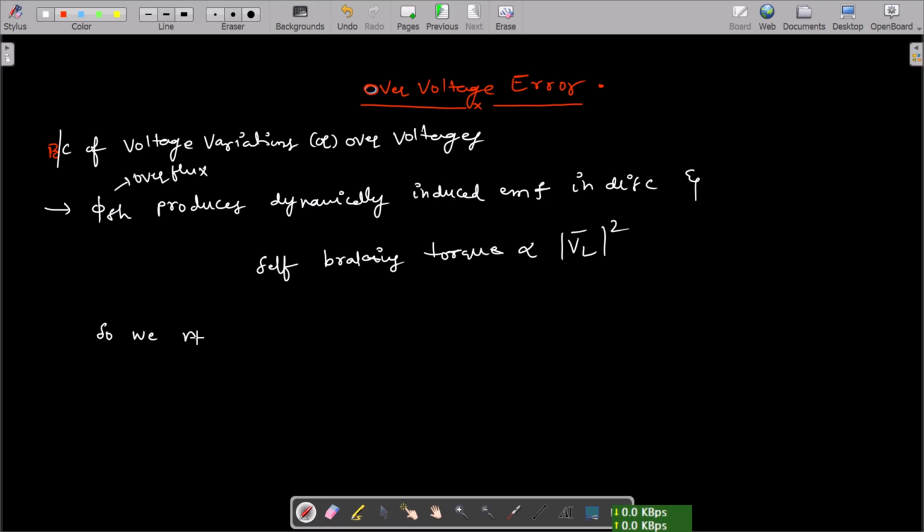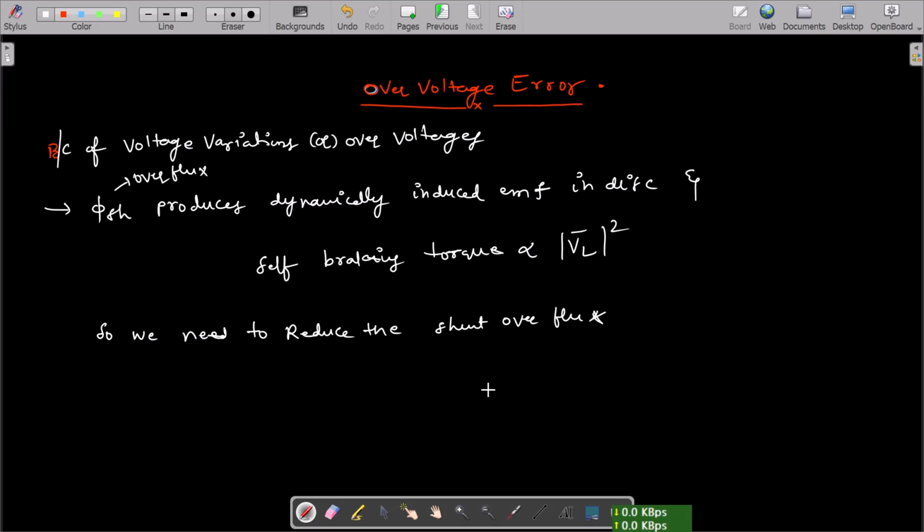So we need to reduce the shunt overflux. That is, we should not let that shunt overflux touch that disk.